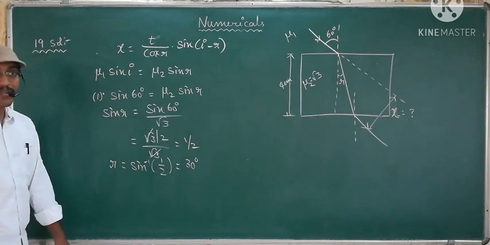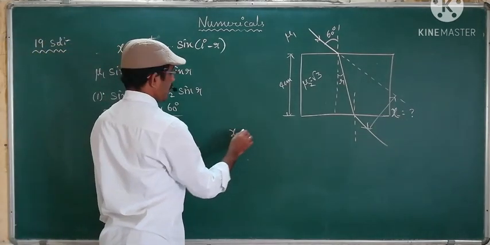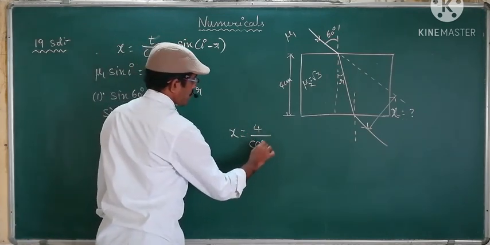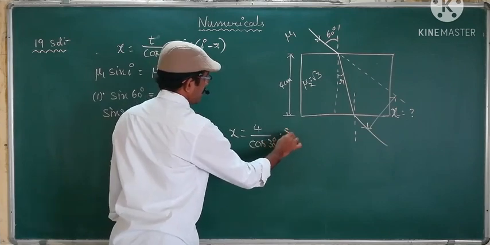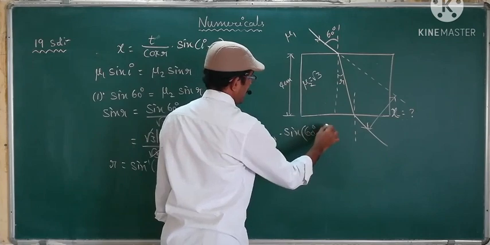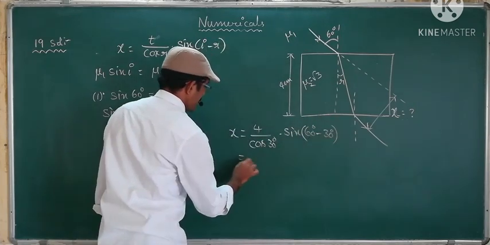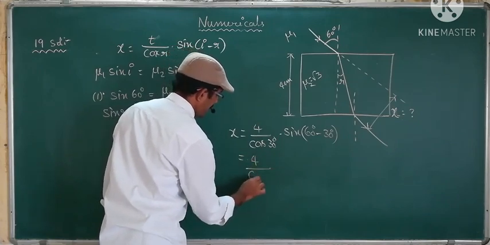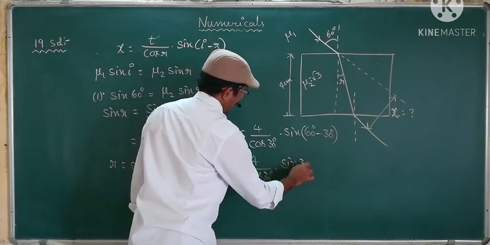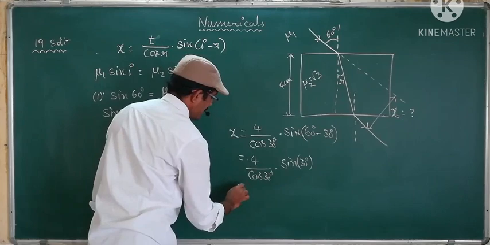What is the angle of refraction? 30 degrees. Now the lateral shift x is equal to t, which is 4 centimeters, divided by cos 30 degrees, into sine of (i, which is 60 degrees, minus r, which is 30 degrees). This is 4 divided by cos 30 into sine 30. Sin 30 by cos 30 is equal to tan 30.